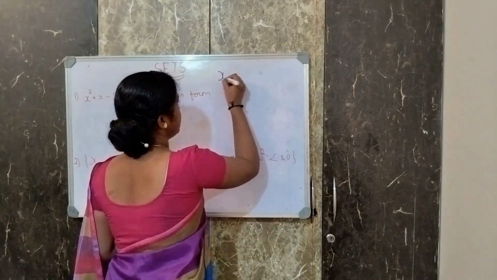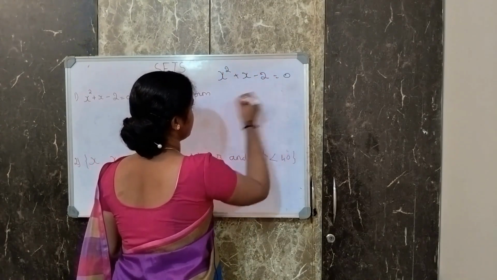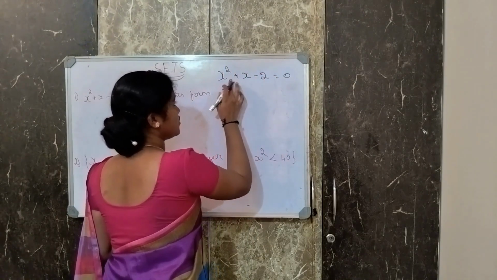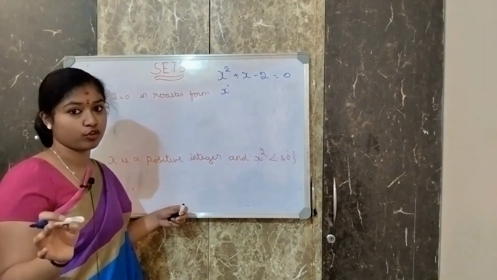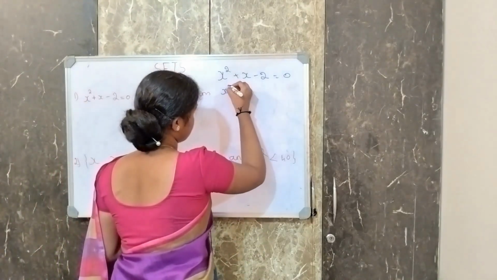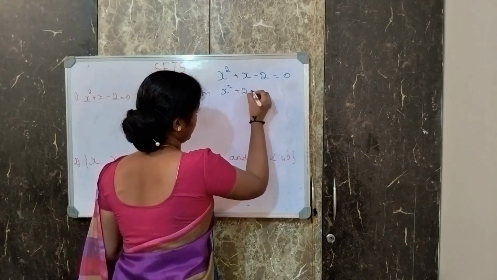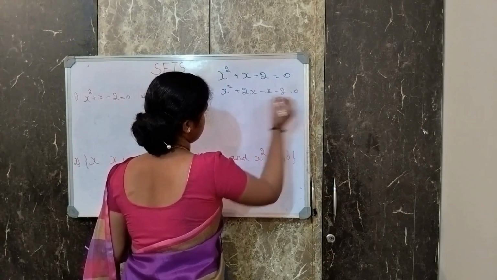It's given that x square plus x minus 2 equal to 0. As you can see, this is a quadratic equation, so you can use the quadratic formula, or you can factorize. So let's factorize it: x square plus 2x minus x minus 2 equal to 0.